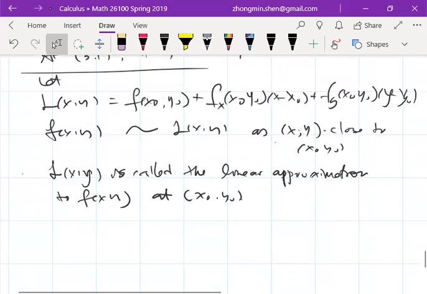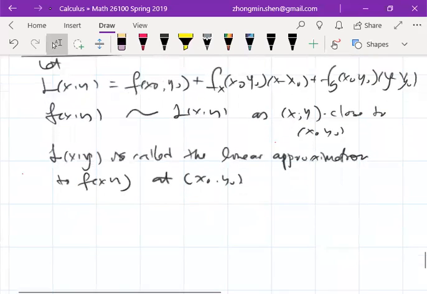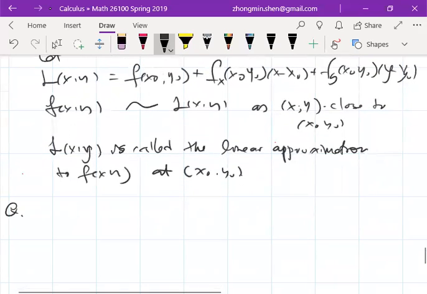And so let's take a look at the next problem. Explain why the function is differentiable at the given point and find the linearization of the function. Yeah, linear approximation and linearization, it's the same word.